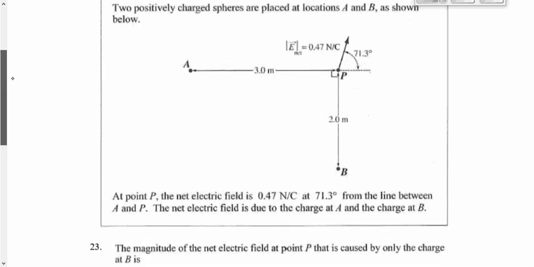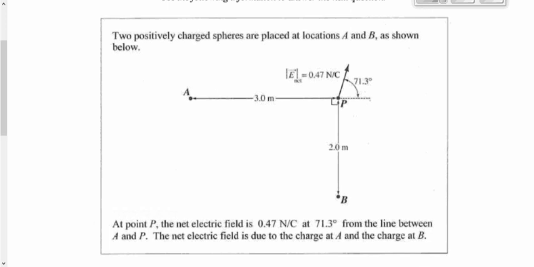At point P, the net electric field is 0.47. There's the net field, let's draw that as red. 0.47. There's a field caused by this blue one that is this way. We'll call that EA.